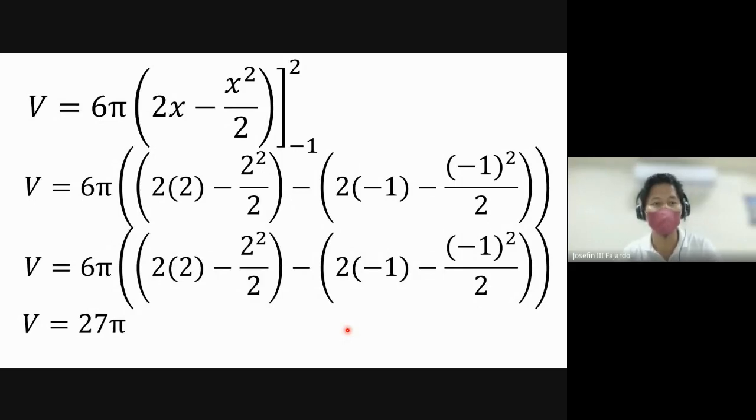Saan po? Question? Wala po. So usually, since we're considering volume pala, you can just place here cubic units para identify natin na volume ang kinukuha natin.